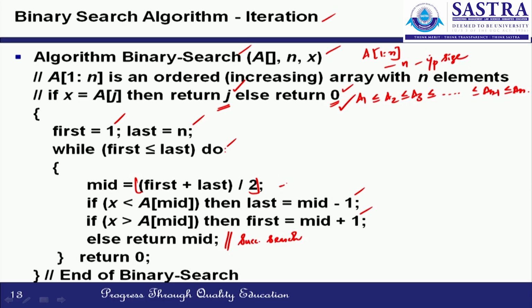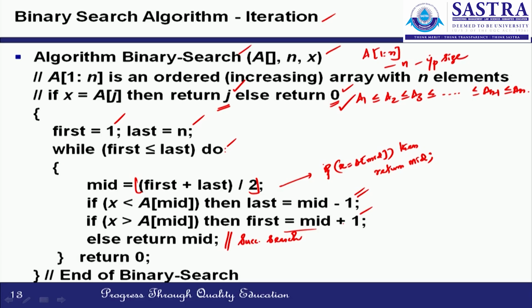We can also write the comparison positively: if x is equal to a of mid, then return mid. Else if x is less than a of mid, then last is equal to mid minus 1, else directly using else we can write first is equal to mid plus 1.